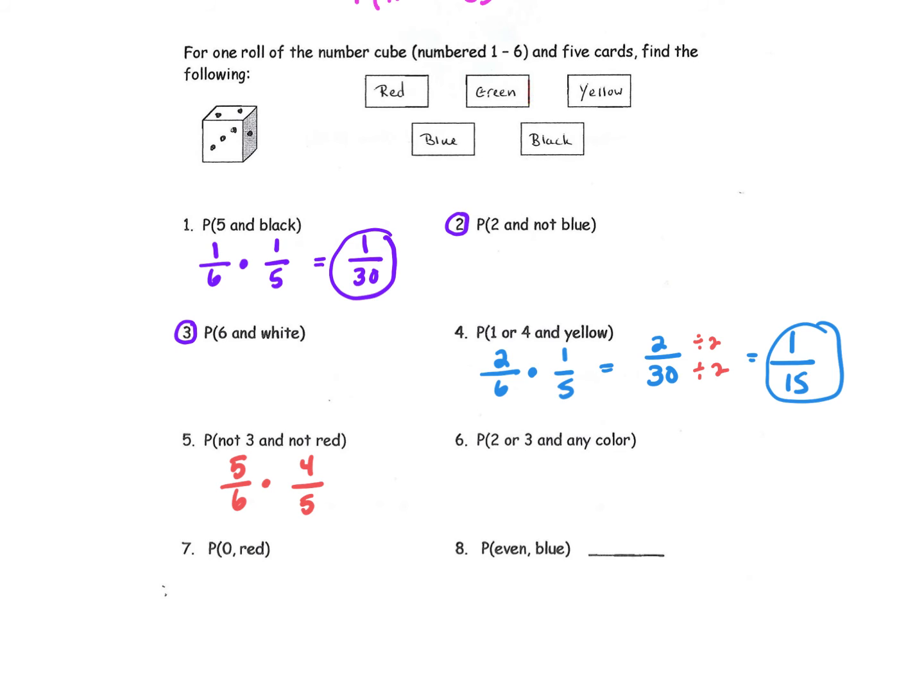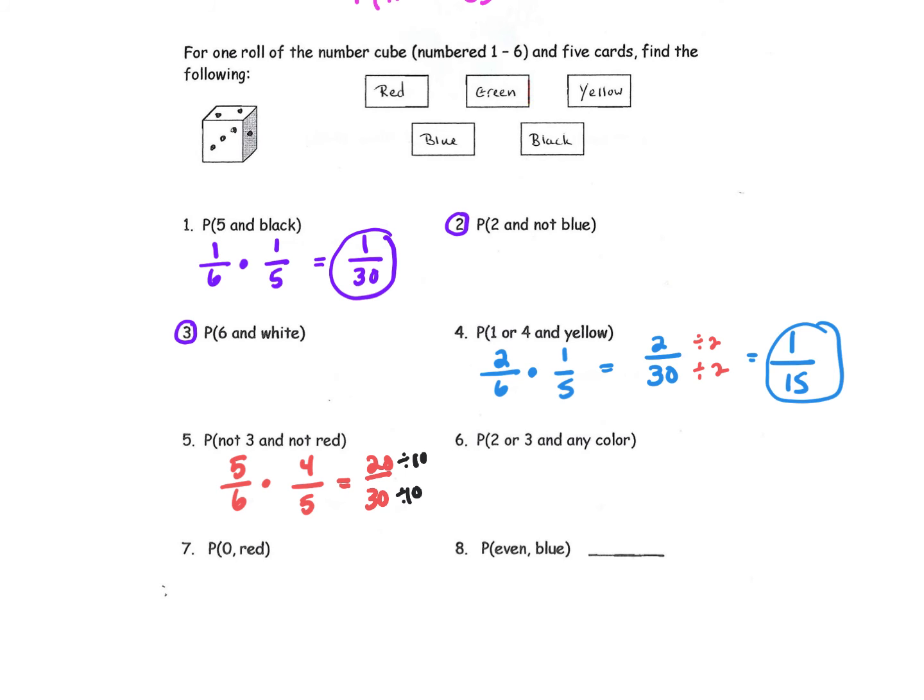Again, this would be a great place to cross cancel. I could divide 5 by 5 here and get 1, and I could divide 2 into both of these, but again, I'm going to go ahead and multiply. For those of you who are uncomfortable with cross canceling, we're going to get 20 out of 30, which would mean we can reduce by dividing by 10.